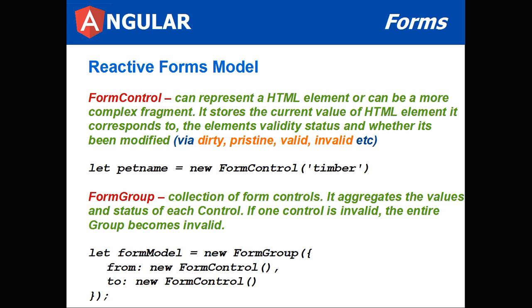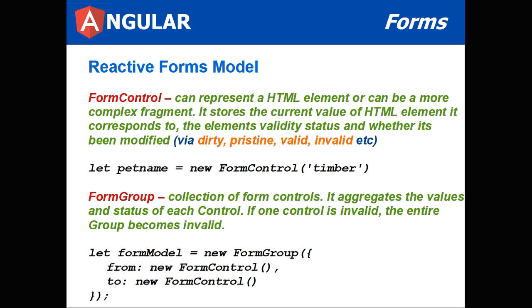That would be a way to define a form control called pet name. In a template, I could use a directive to map an input field to that pet name in my component.